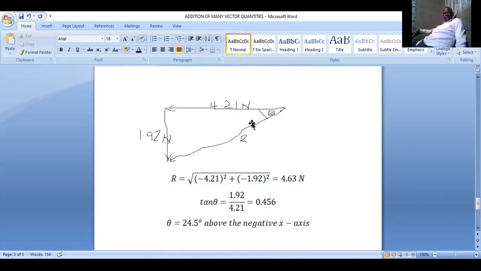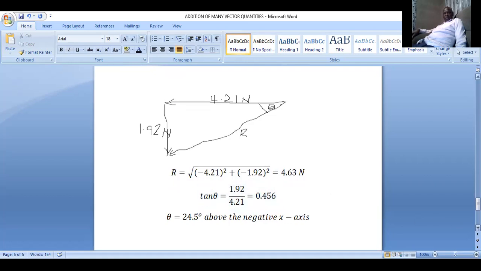Remember, a force we cannot merely define by the magnitude alone. Since it's a vector quantity, we also need to find the direction. This is the direction which we can find by using tan theta equal to 1.92, which is the opposite side here, divided by 4.21, which is the adjacent side to the angle, which gives us 0.456.